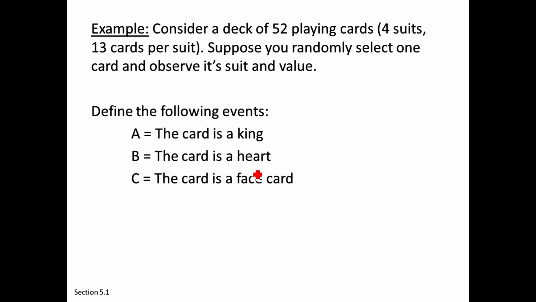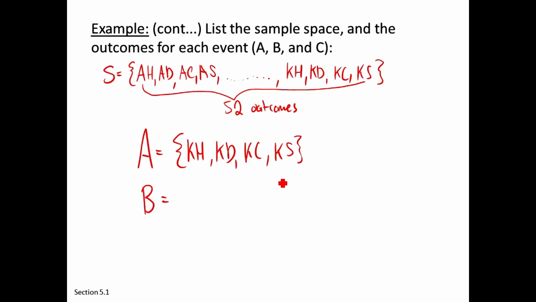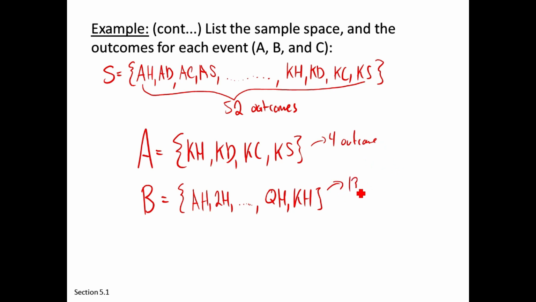How many cards are in there? You start with your ace of hearts, then your 2 of hearts, all the way up to the queen of hearts and the king of hearts. So for A there are 4 outcomes, and for B there are 13 outcomes.